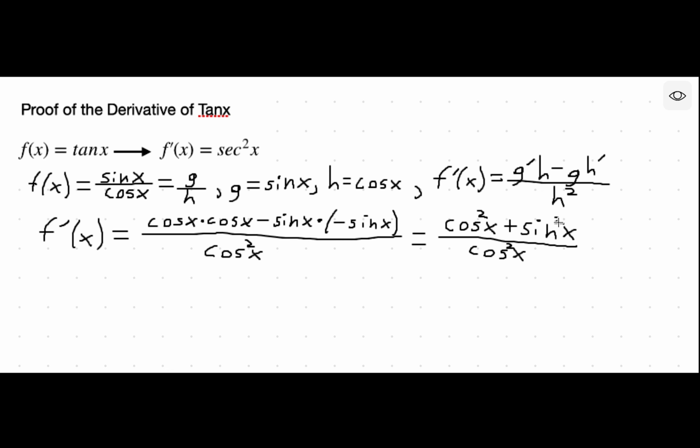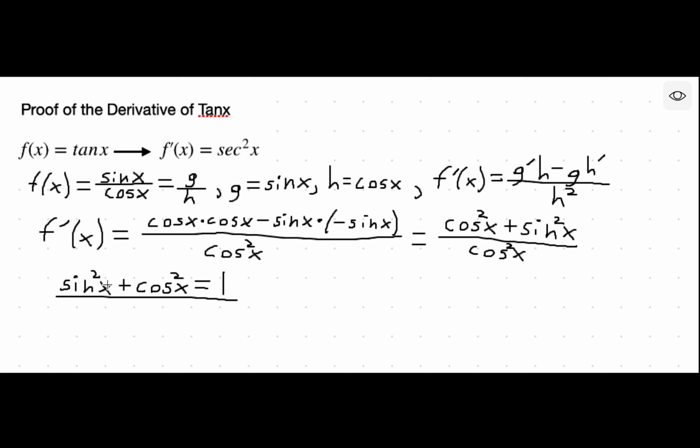So there's a property with trigonometry that says sine x squared plus cosine x squared is equal to 1. So we'll use that property then. So we'll use that in the numerator here.